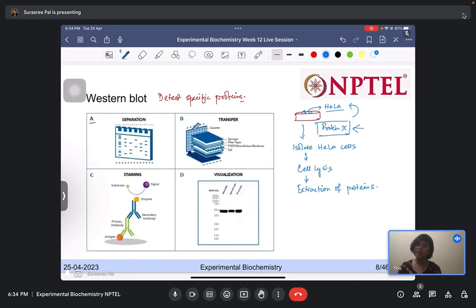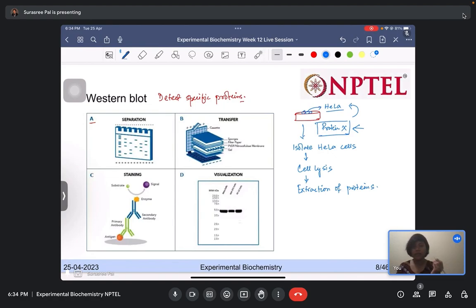SDS makes all the proteins uniformly negatively charged, which means that the smaller proteins and the larger proteins are all uniformly negatively charged with the help of SDS.